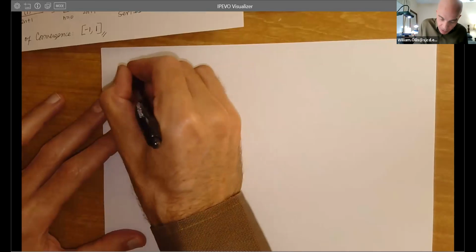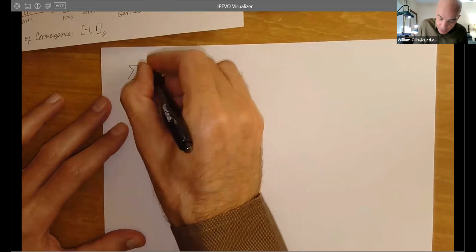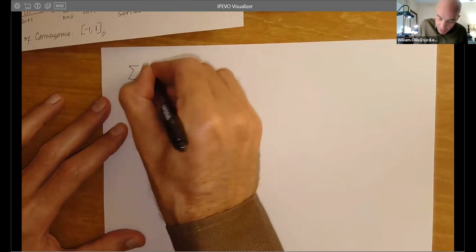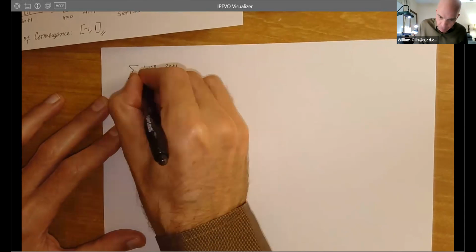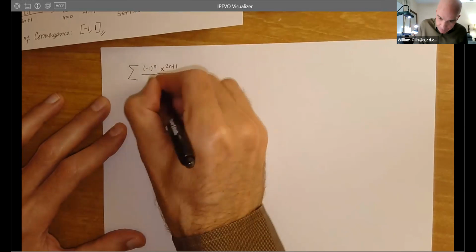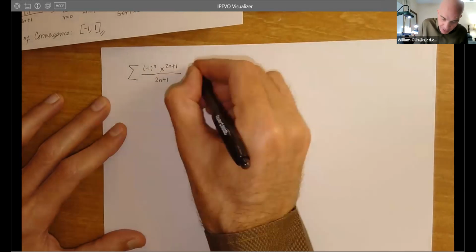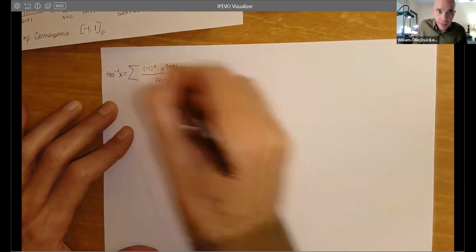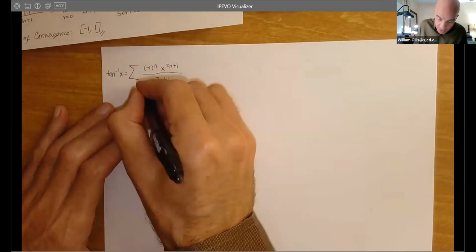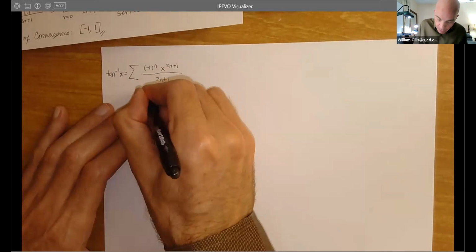Let me just write it down again. So we have (-1)^n x^(2n+1) over 2n plus 1. And this is inverse tangent. And we have an interval of convergence, that is x lives here.